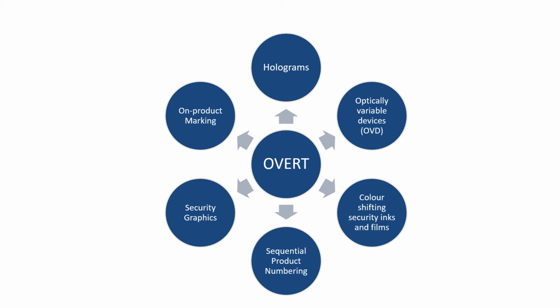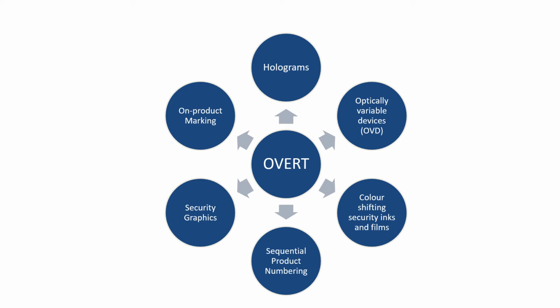Again, the overt technologies, also known as the visible technologies, are of different types. Most of you have seen these technologies, and they vary slightly from each other. For example, holograms. Another is optically variable devices. Third is color shifting security inks and films. Then sequential product numbering.